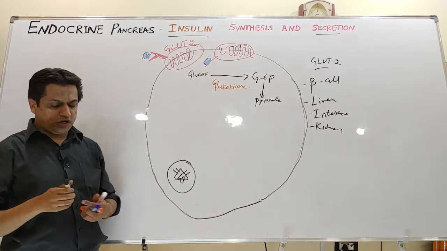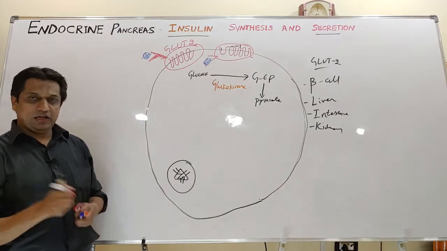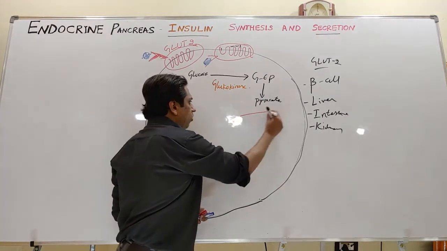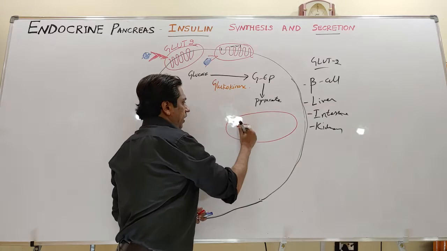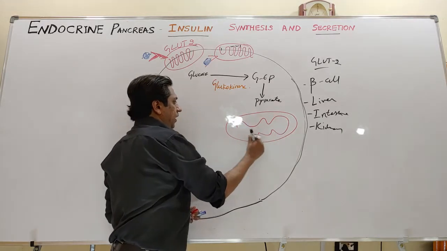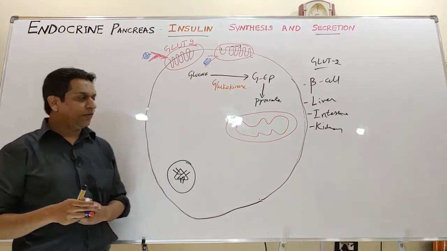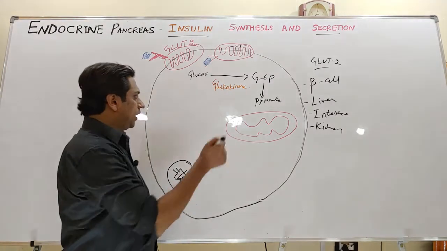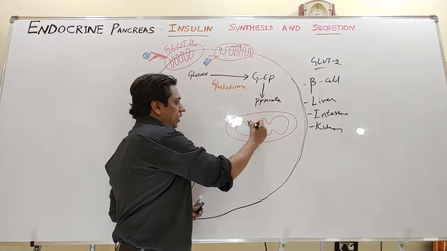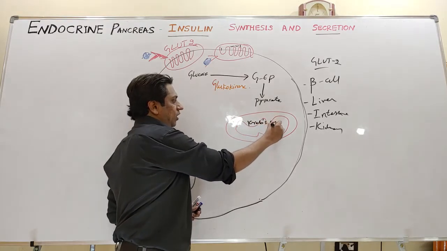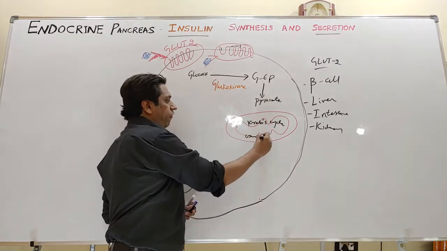This pyruvate will enter into the mitochondria of the beta cell. In the mitochondria, if you remember from biochemistry, you have studied the Krebs cycle or TCA cycle, and also oxidative phosphorylation.